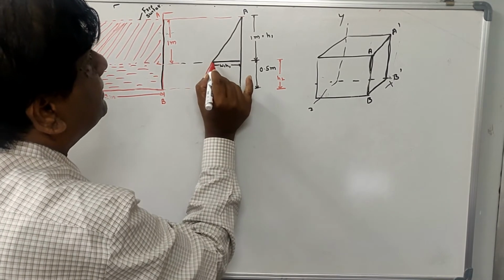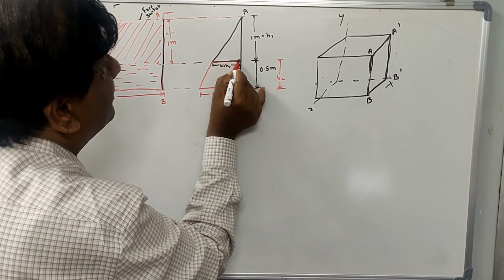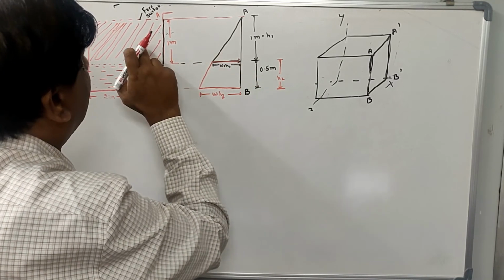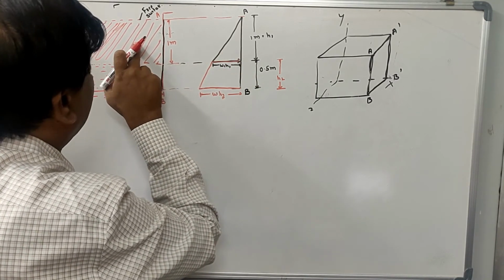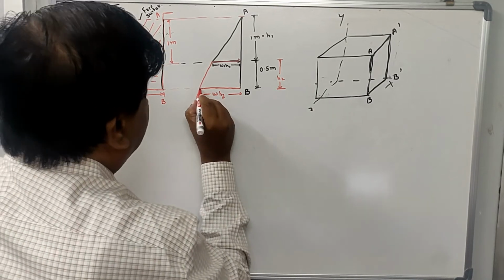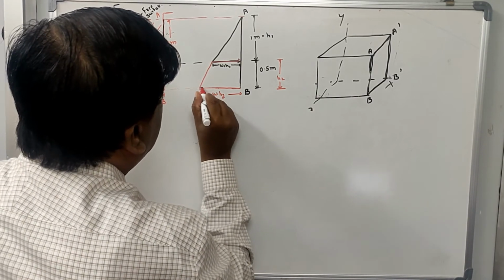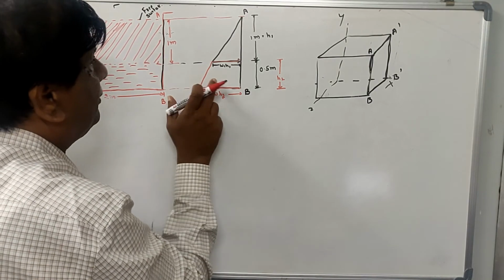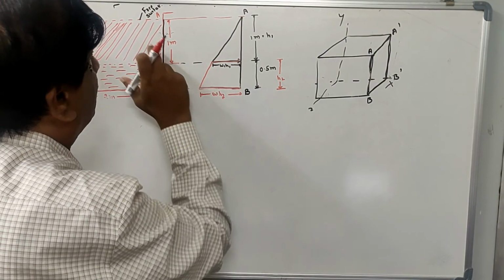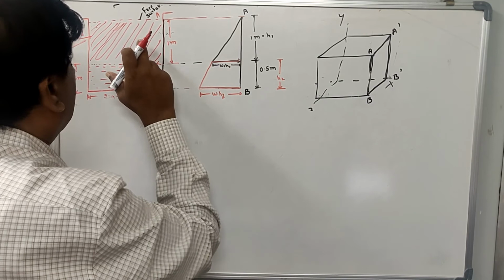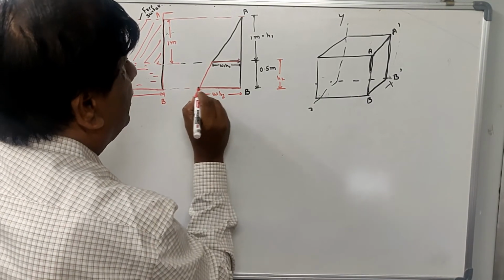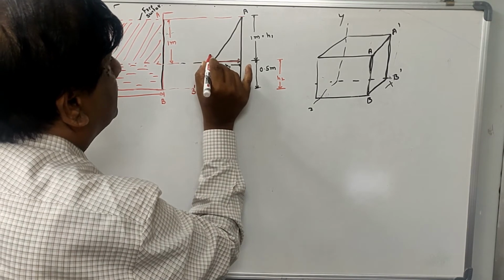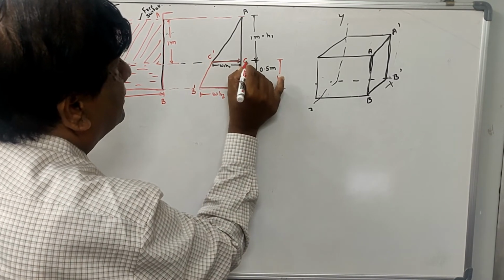This is the pressure distribution. This is the maximum pressure acting at this level because of the liquid of specific gravity 0.8, and this is the maximum pressure acting at the bottom of the tank because of the water and also the liquid of specific gravity 0.8. So this is B dash, and this is C dash. This is C.